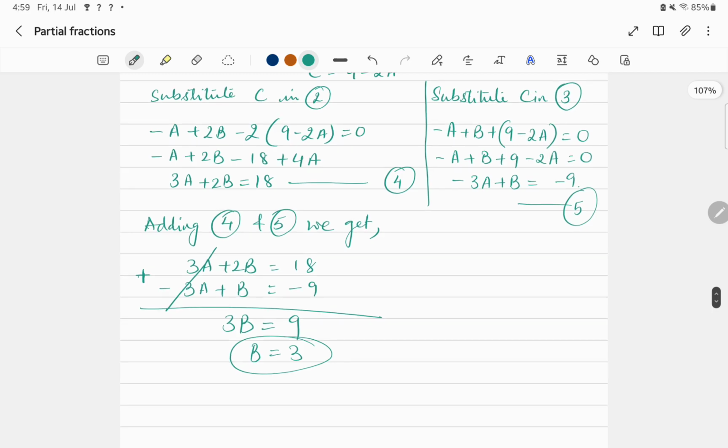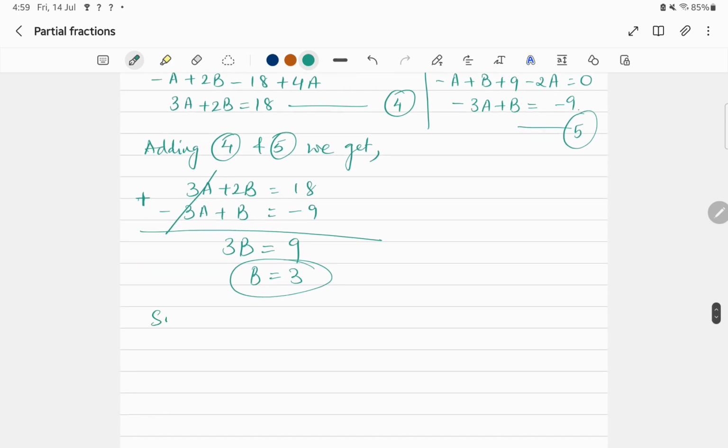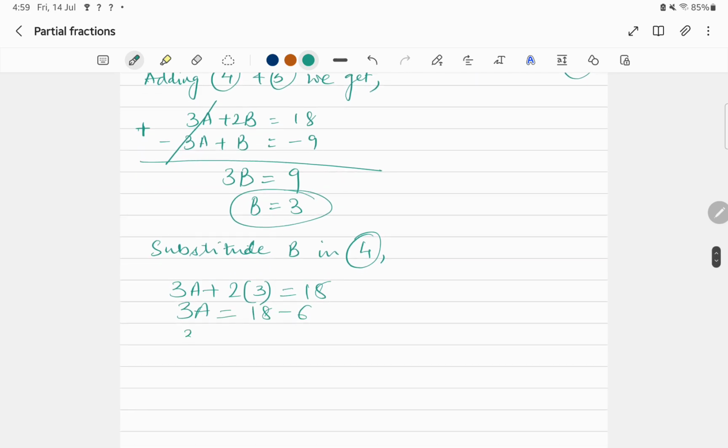Now that we have got b, we can find the other values. Substitute b in 4: 3a plus 2 times 3 is equal to 18. 3a is equal to 18 take away 6, so 3a is equal to 12, and a is equal to 4.